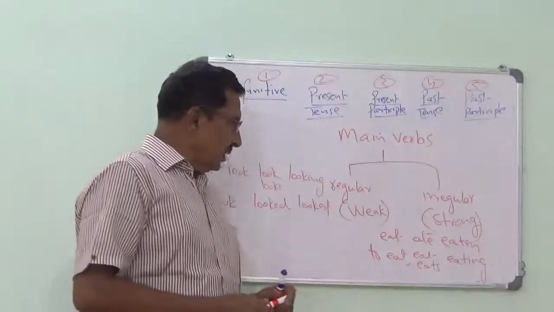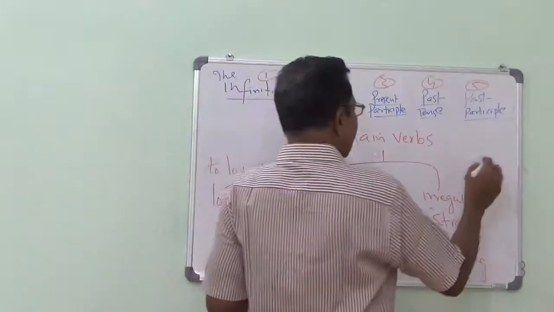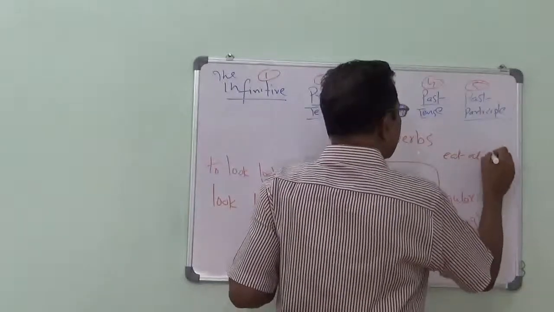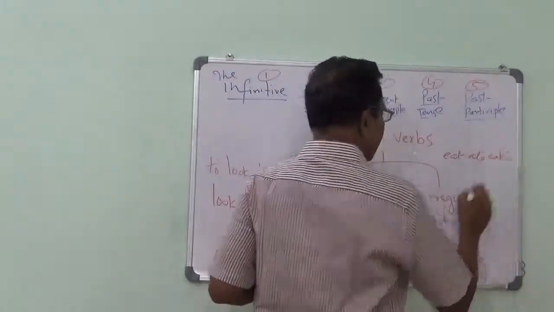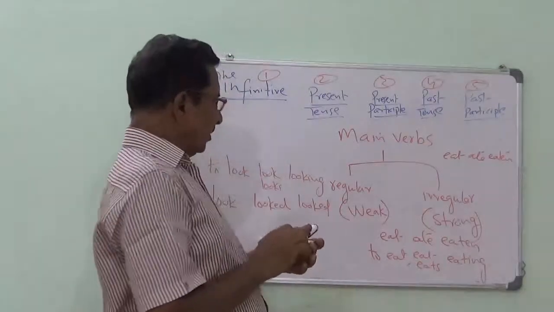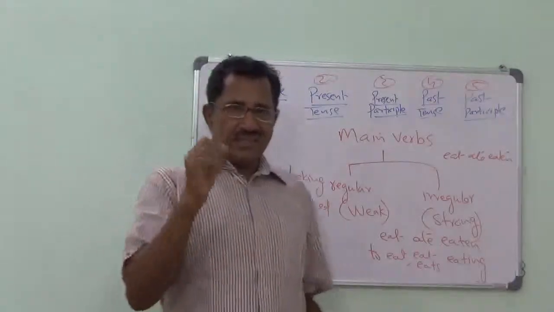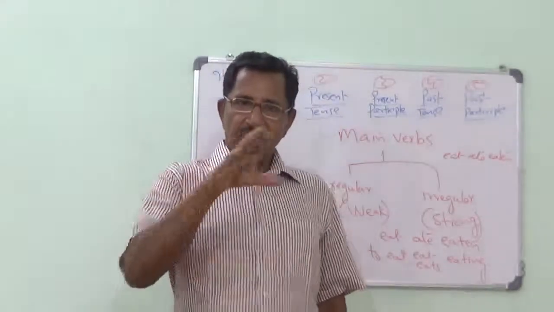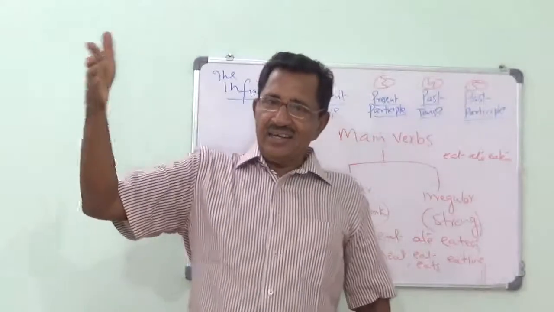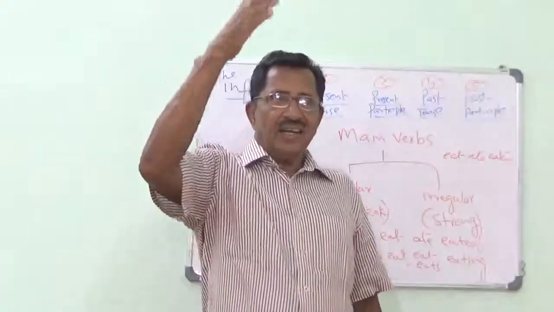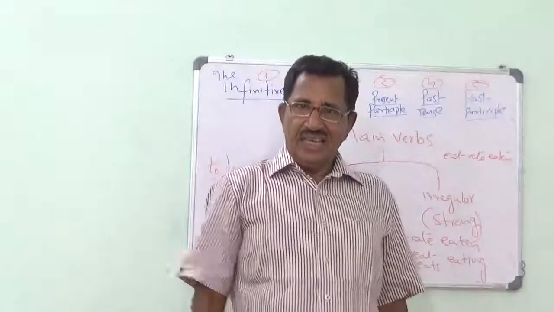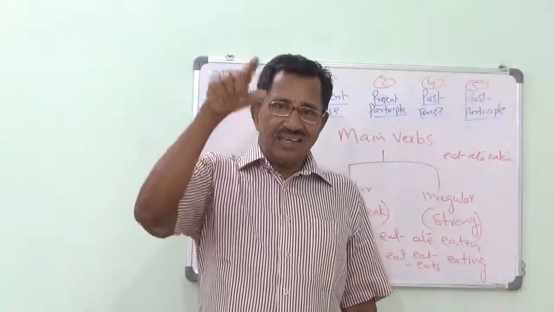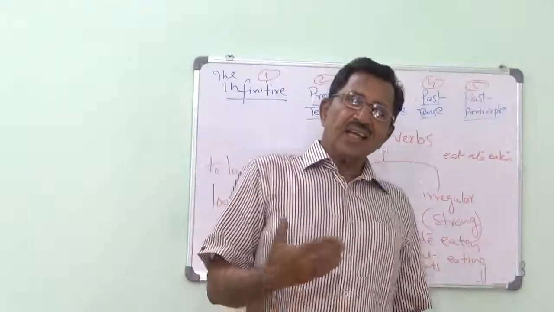But when you think about these 3 forms, that is eat, ate, eaten, then these 3 forms you memorize like this. Past tense is ate. Take, took, taken. See? Come, came, come. Run, ran, run. See? Read, read. Remember the spelling. Read, read.